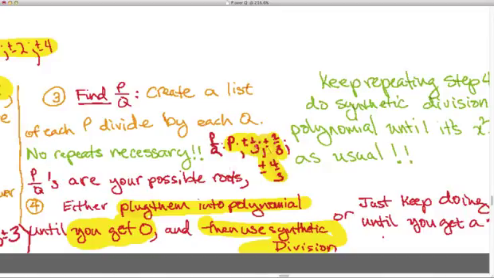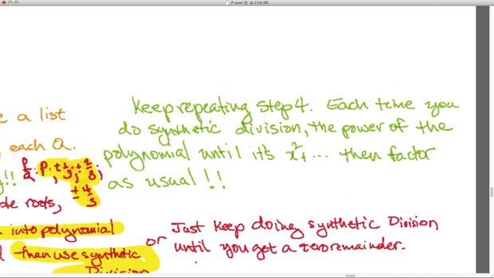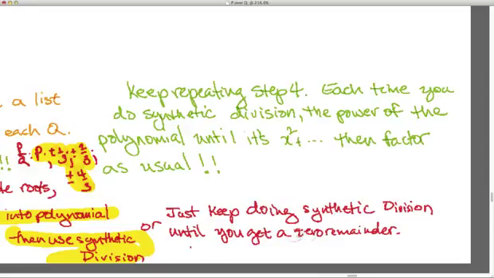Or more difficult. I don't want to say complex and have you think imaginary numbers. I'm talking about complex in the sense that 1/3 or 4/3 is much harder to plug into your polynomial than a 1 or a -1. The other way to do it is just start doing synthetic division until you get a 0 remainder. And once you get a 0 remainder, we know it was a root.